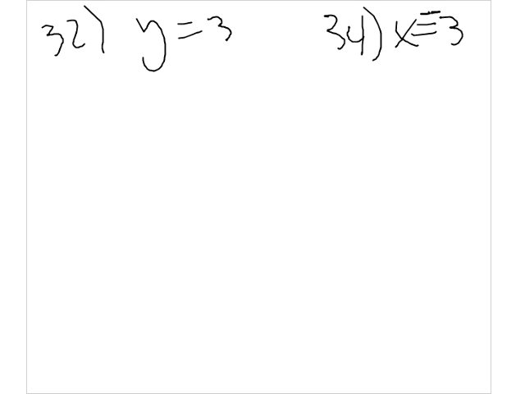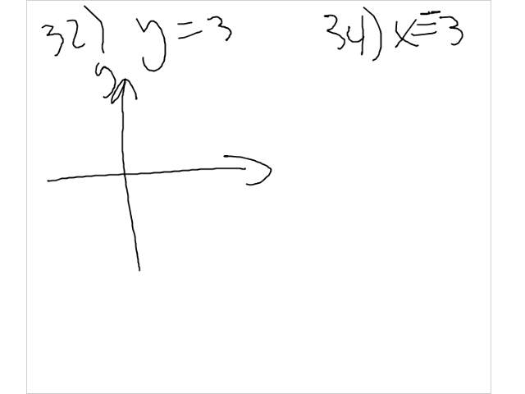So we need to remember that a graph of y is always flat or parallel to the x-axis. And maybe an even simpler way to remember that for the graphing is, here's where y equals 3 right here. And graphs of y are flat. So there's only one way that that graph can go.